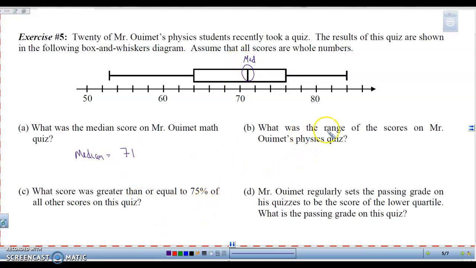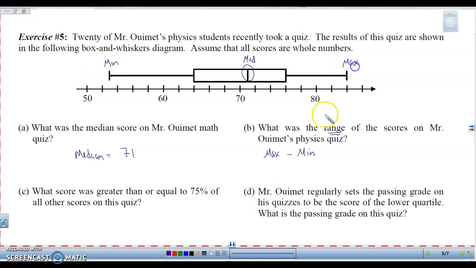Okay, what was the range of the scores on Mr. Ouimet's physics quiz? All right, so remember we talked about range in the previous notes. The range is the max minus the min. So where are the max and the min on the box and whisker plot? It would be the whiskers, right? So this is the min, and this is the max.